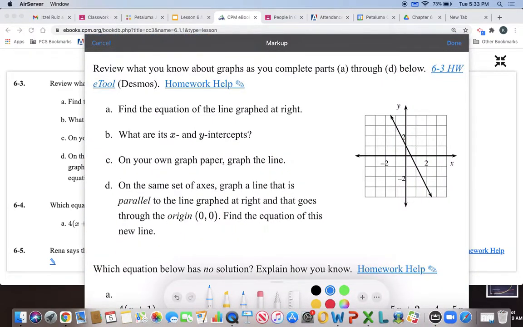Okay, so on this line, let's go ahead and write the equation again. Y equals mx plus b. And we know this is our slope, and this is going to be the y-intercept.